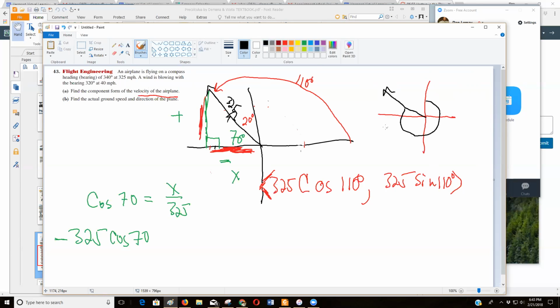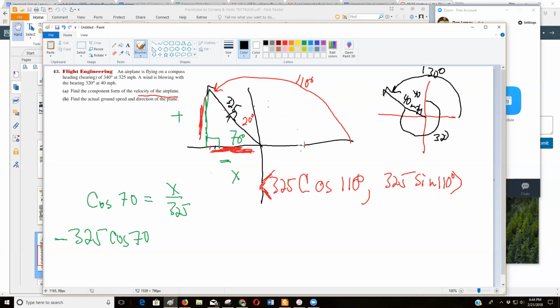That wind is blowing at 40 miles an hour, mph. So if this is 320, what does that leave here? Because this is the angle we really want. That's going to be 40 degrees left there plus the 90 before, so that's going to be 130 degrees.